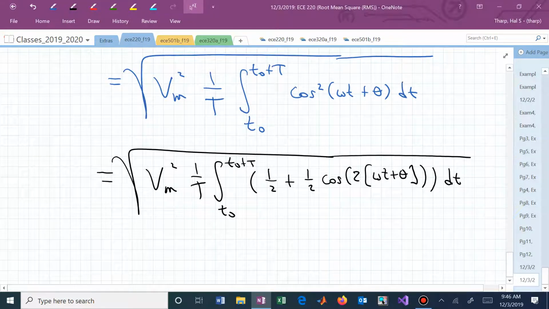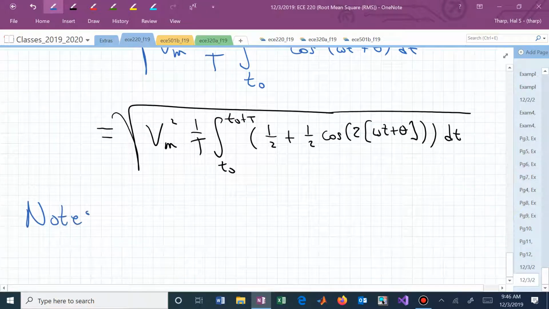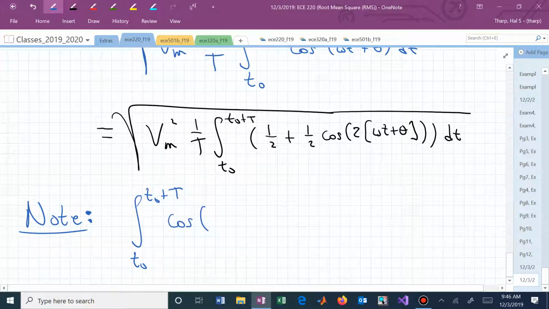And before we get too much further into this messy looking expression, let's just look at what happens to the cosine piece. If we now look at what will happen to the cosine piece, we're integrating over one period of cosine of 2 omega t plus theta.